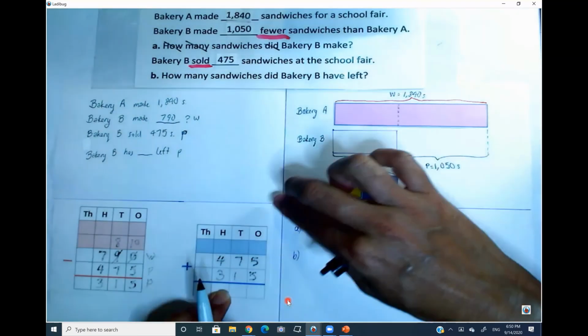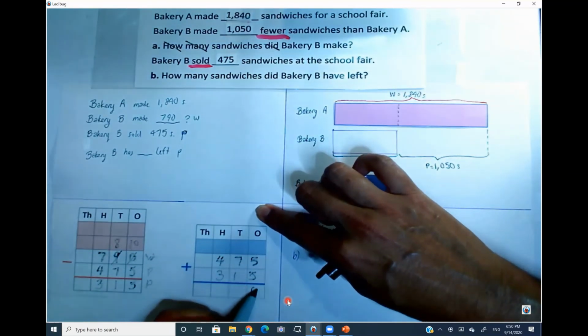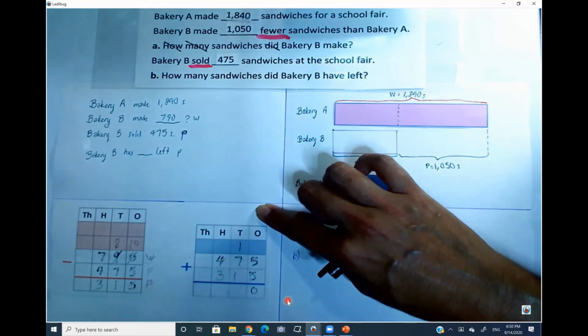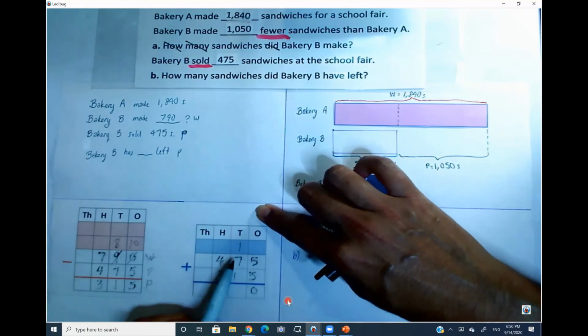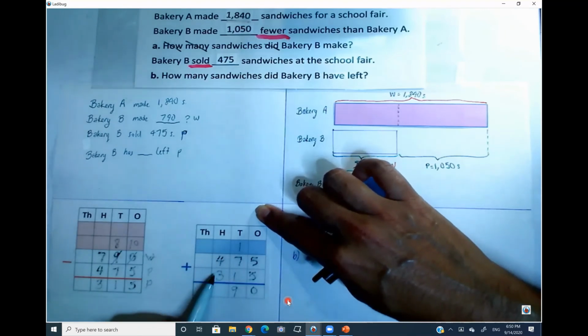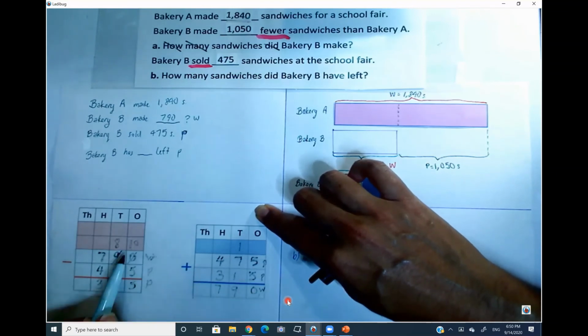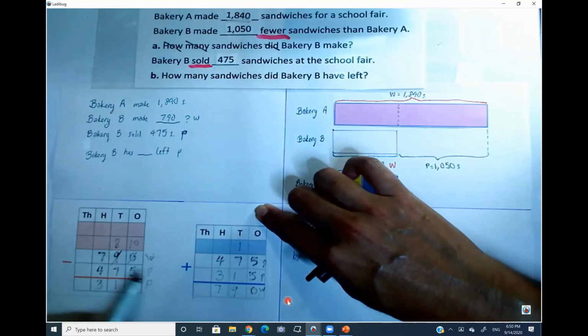And now I'm going to add them again. 5 ones plus 5 ones makes 10 ones. We regroup 1 ten. Then we have 1 ten plus 7 tens, that's 8 tens, plus 1 more is 9 tens. And finally, 400 plus 300 makes 700. If you notice, this number, 790, is the same. Now remember, again, this is the part, this is the part, and this is the whole. So the whole should be the same, and that means my answer is correct.